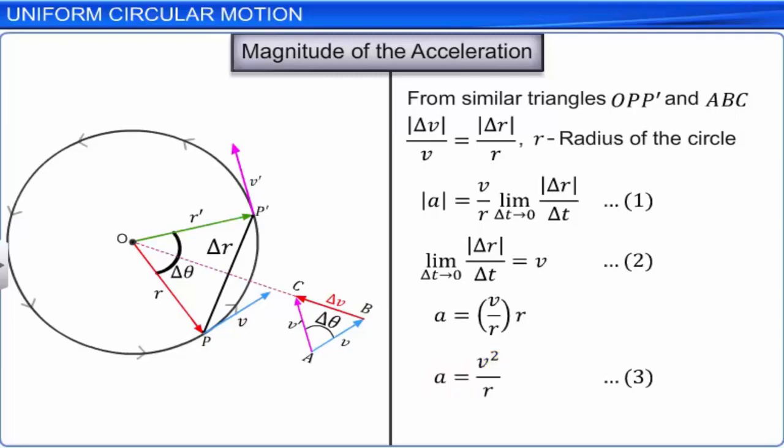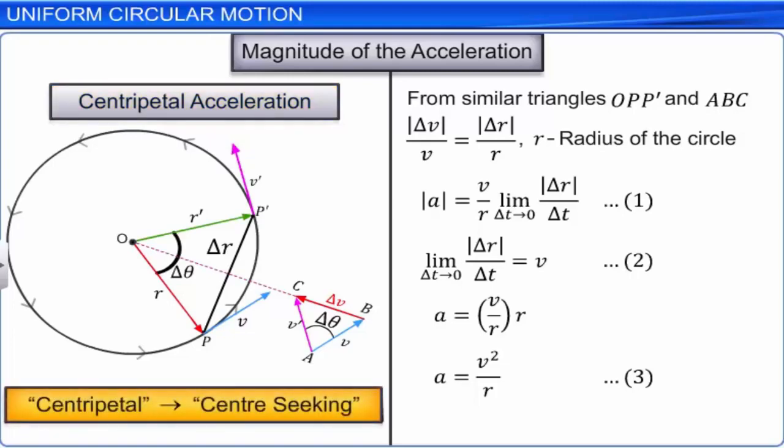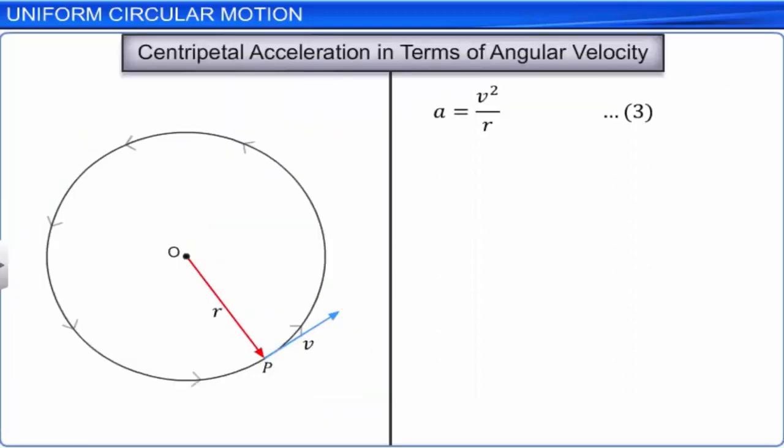Now, let us find the centripetal acceleration in terms of angular velocity, omega. As the body moves from P to P dash in time delta t, the line OP turns through an angle delta theta. As you know, omega is equal to delta theta by delta t. Let this be equation 4. v is equal to arc length PP dash by delta t, which is equal to delta s by delta t. Let this be equation 5.